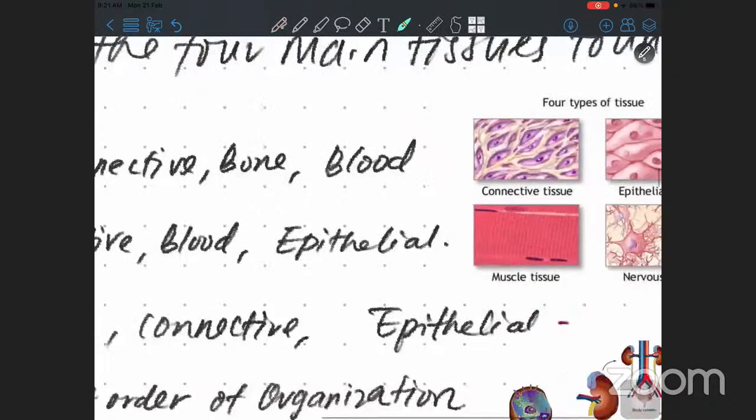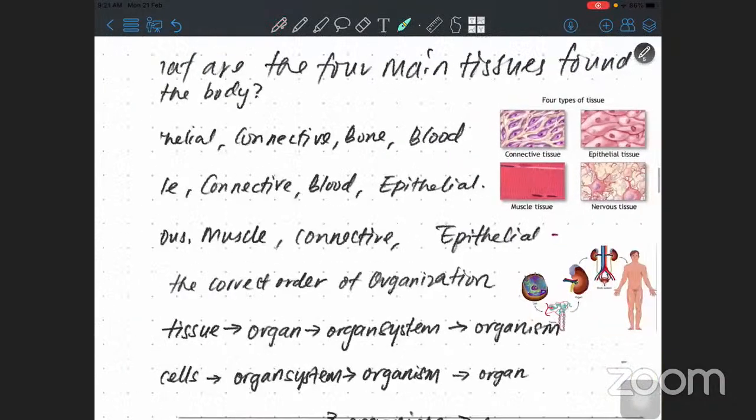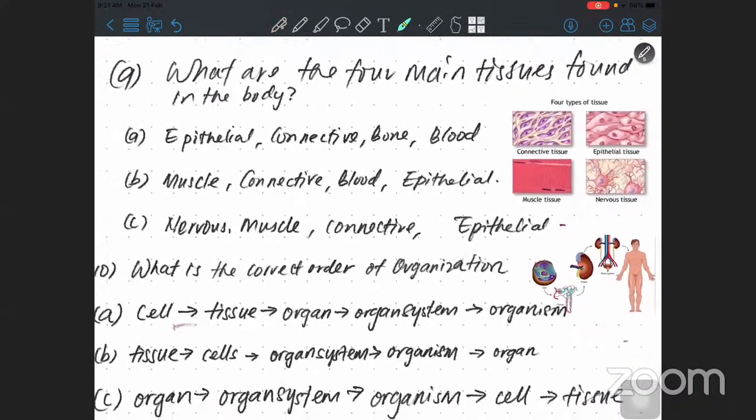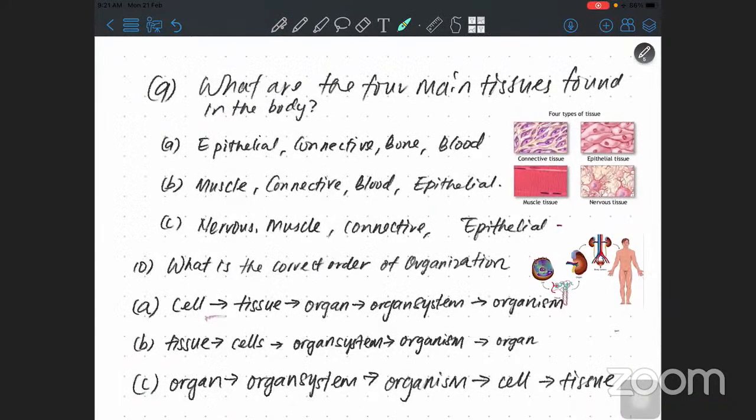So the answer will be which one? Bone? Oh, no, this is not. Blood? Yeah, the answer will be C: nervous, muscle, connective, and epithelial.